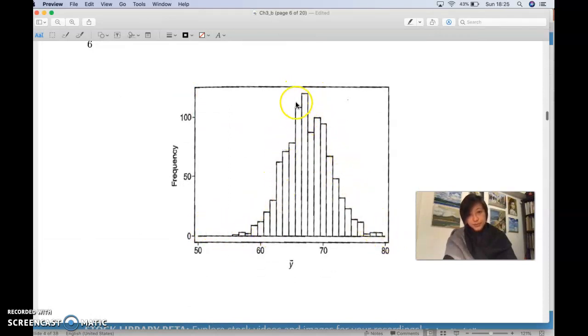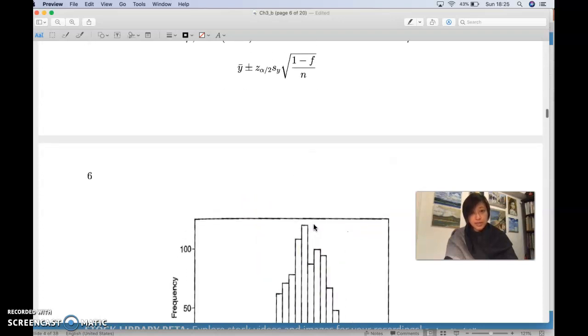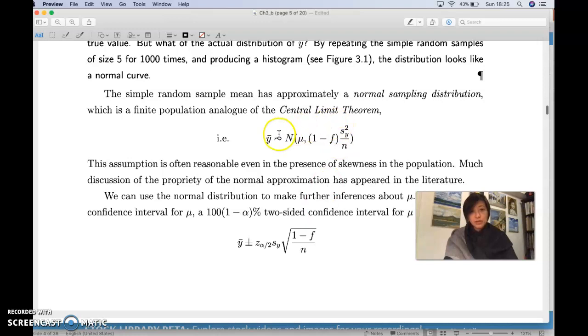From this distribution, we can see that the expected value of our sample mean, which is quite centered in the middle, is very close to the true mean. And we can look at the dispersion of the y bar. So by the central limit theorem, y bar exhibits a normal distribution.